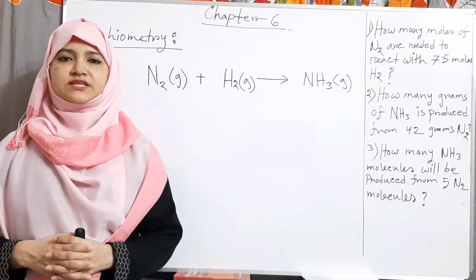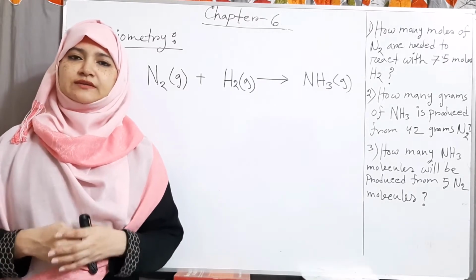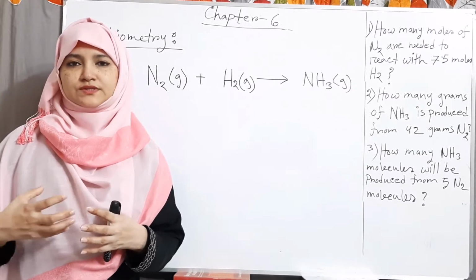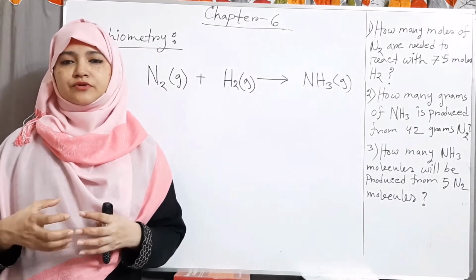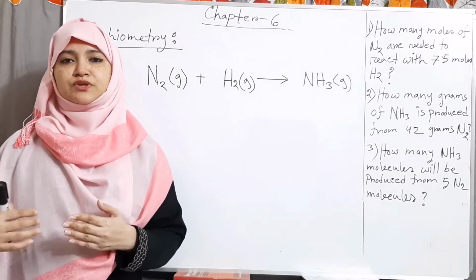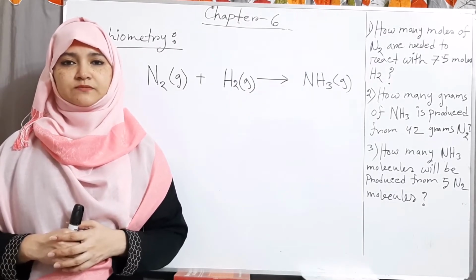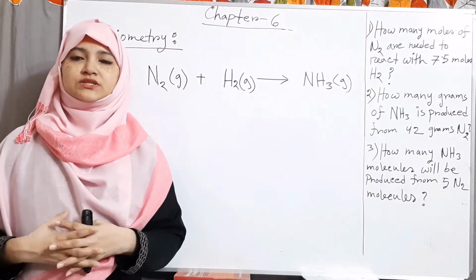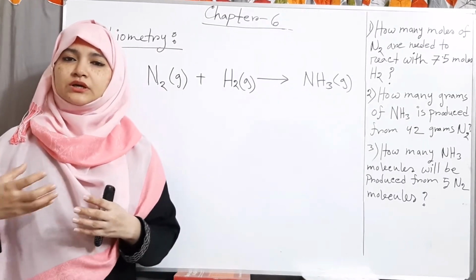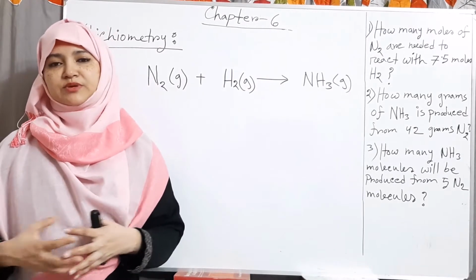And the information that can be gathered regarding the mole concept from any chemical reaction is known as the stoichiometry of that chemical reaction. Stoichiometry measures the quantitative relationships between reactants and products in a chemical reaction.